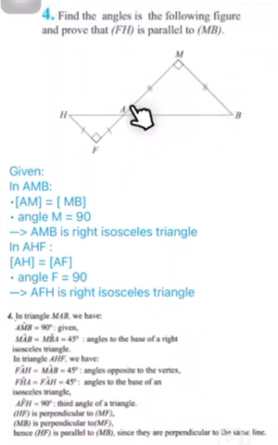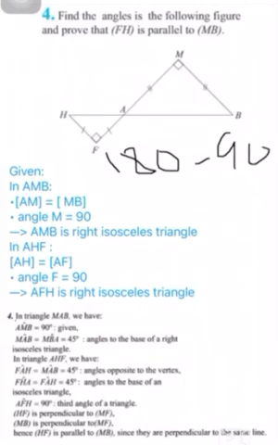So these two angles are equal, so each one of them must be equal to 45. How? Of course, we know that the sum of the angles in any triangle is equal to 180, minus 90. Why 90? Because angle M is equal to 90 degrees.